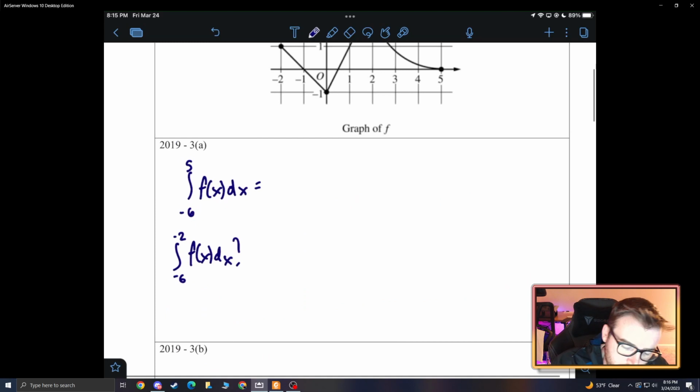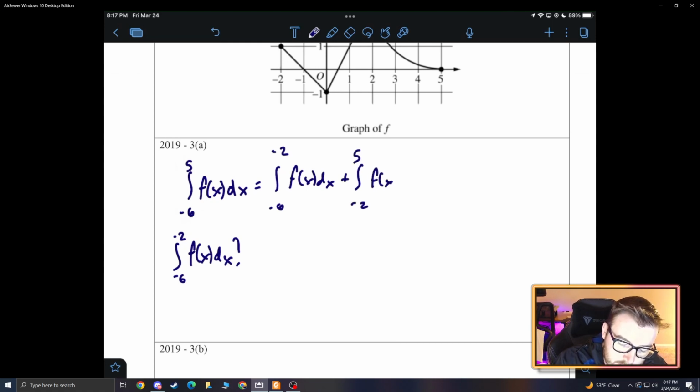Well, -6 to 5 is -6 to -2 added with -2 to 5. We can break it up into these two pieces, and regardless, it should still equal 7. If this whole thing equals 7, then the sum of these two parts should equal 7.